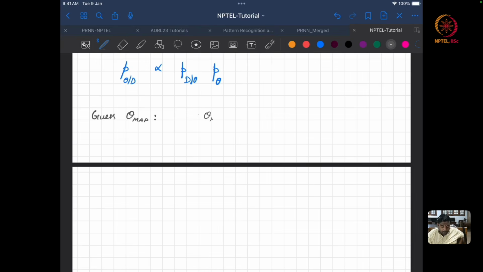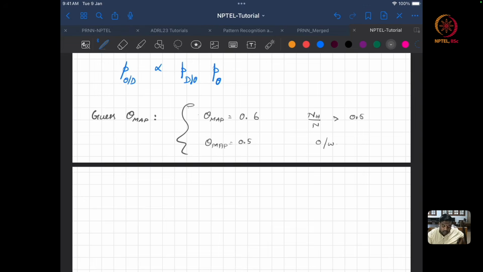Theta MAP equals 0.6 when nh by n is greater than 0.5, and theta MAP is 0.5 otherwise. This is what my guess is.